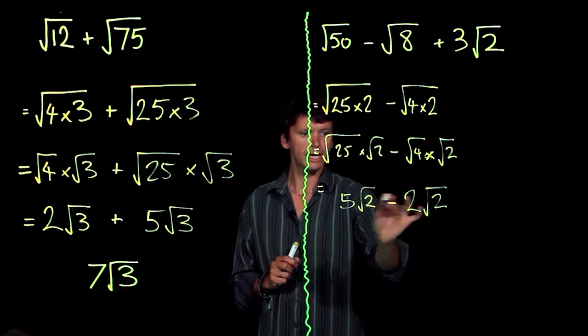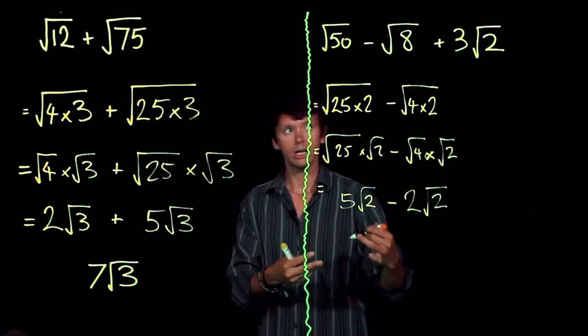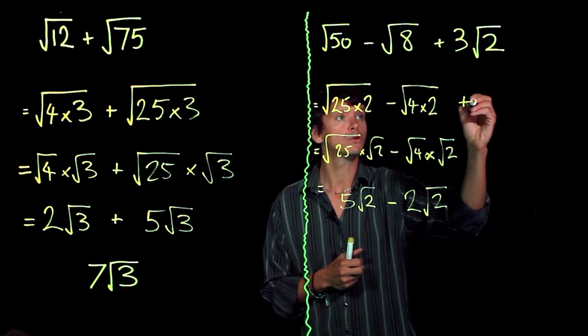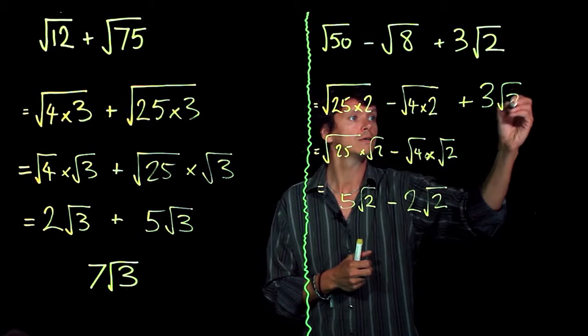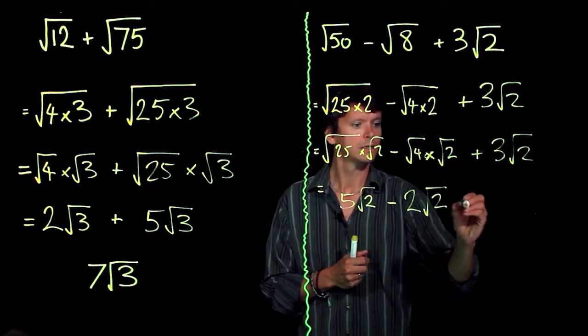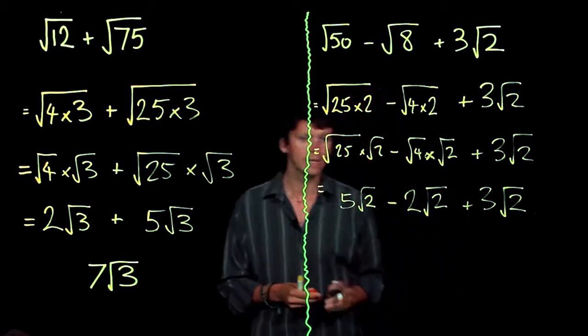Notice I've ended up with the same surd. I've got root 2 in both, so I'm feeling more confident now. I think I'm on the right lines. Especially when I look up at our final one, which was just 3 root 2. Let's bring that down to each line, plus 3 root 2.